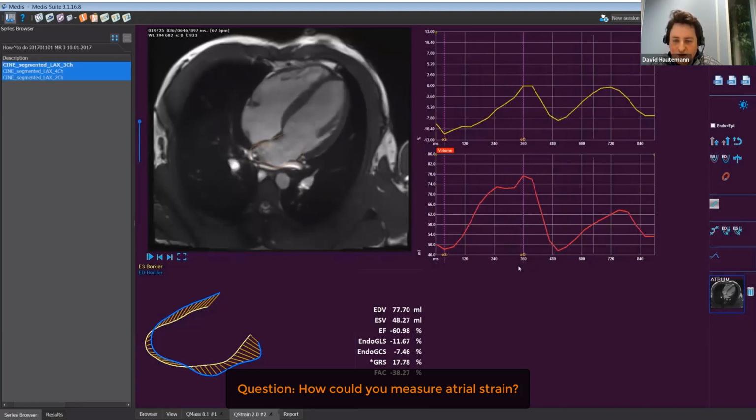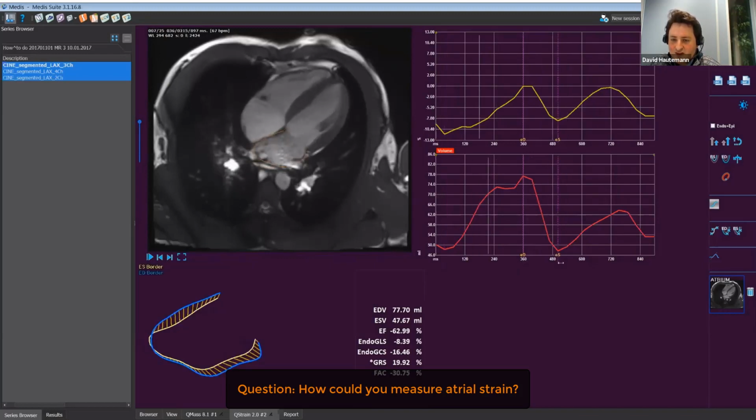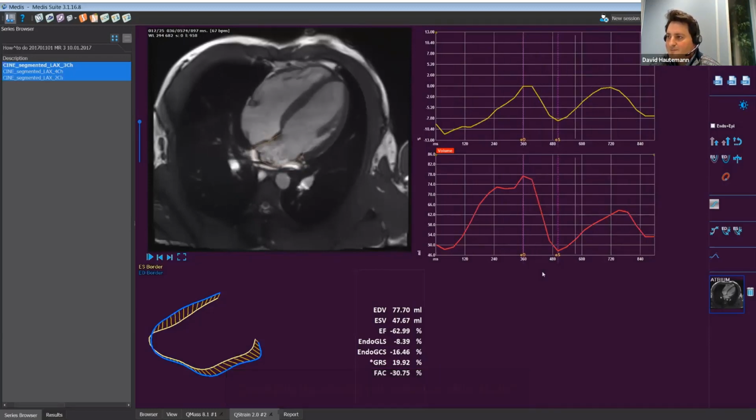And if you want to measure the conduit or the booster, you just place the markers where you believe the phases are located. And that way you have a flexible way to investigate all the different strain values. Our package has a dedicated left atrial strain based on the 2-chamber, but you can be flexible and load in the 4-chamber or 3-chamber. In that case, it's very practical, and that's still because it's a research package.